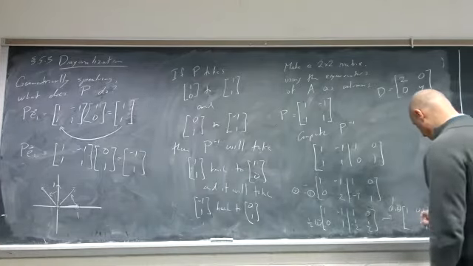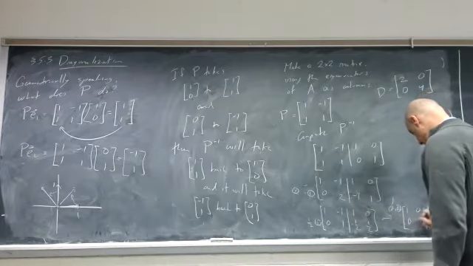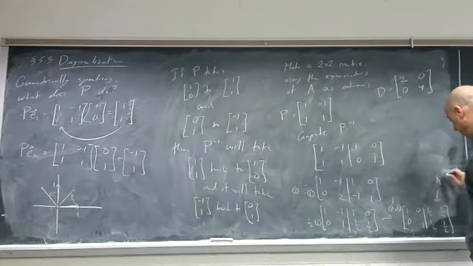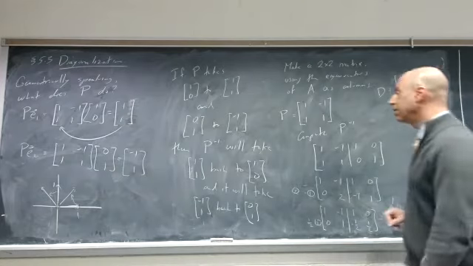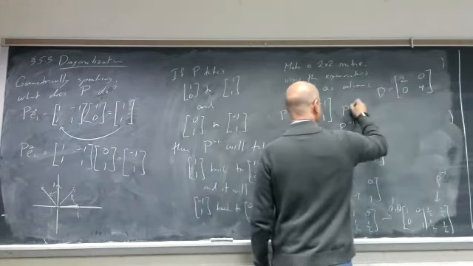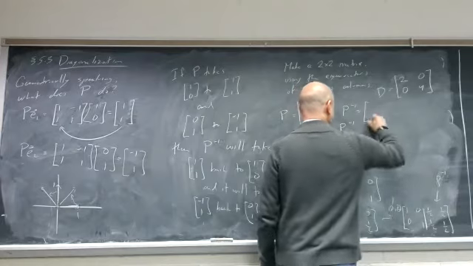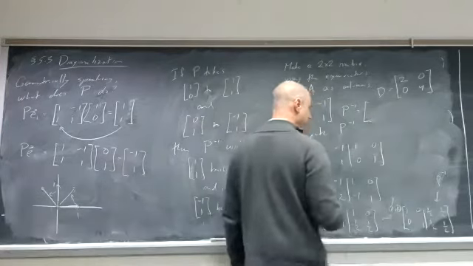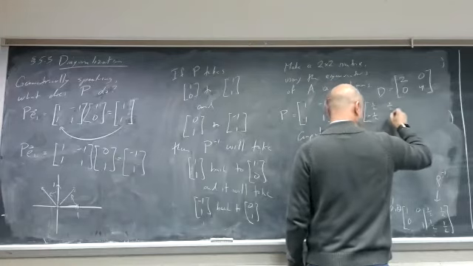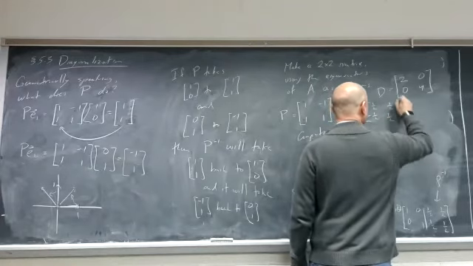In this matrix, since I have the identity over here, this matrix is P inverse. So P is this, P inverse is 1 half, 1 half, negative 1 half, 1 half.